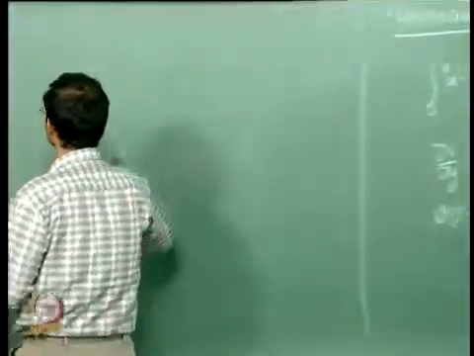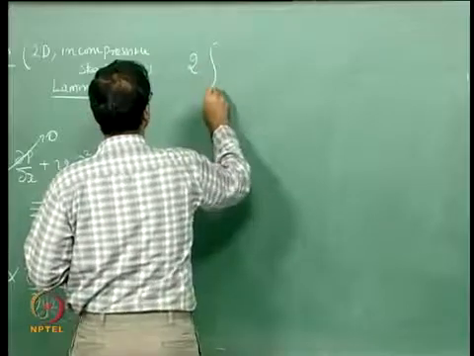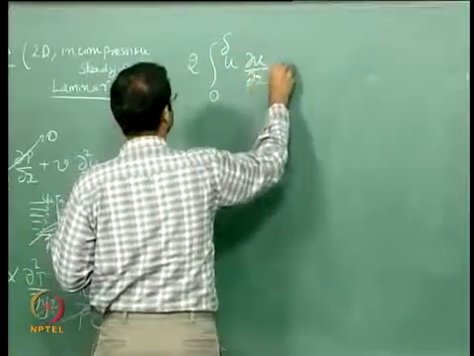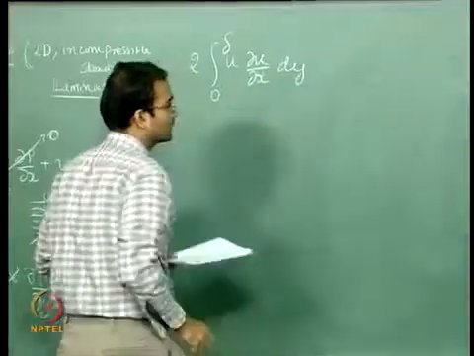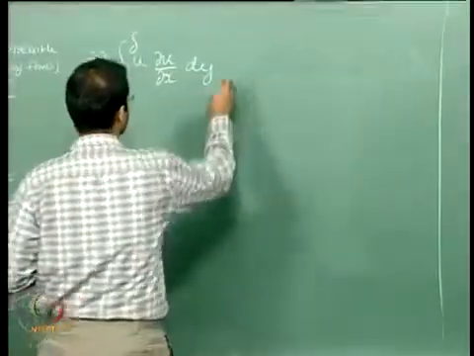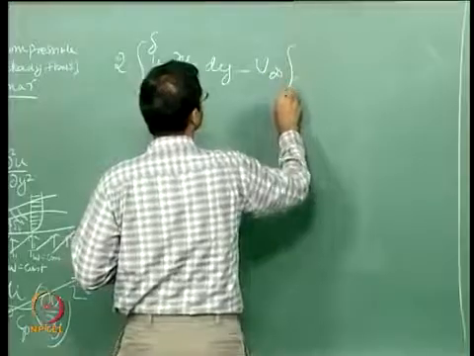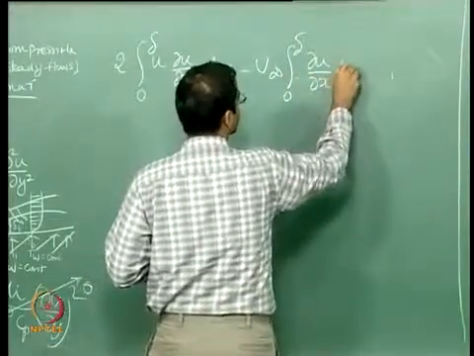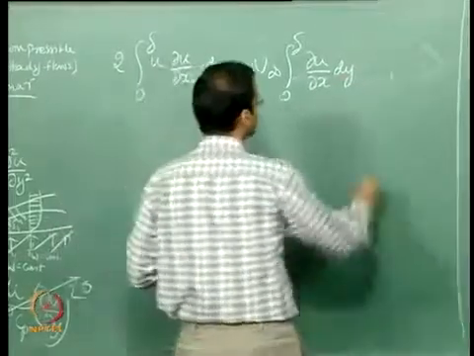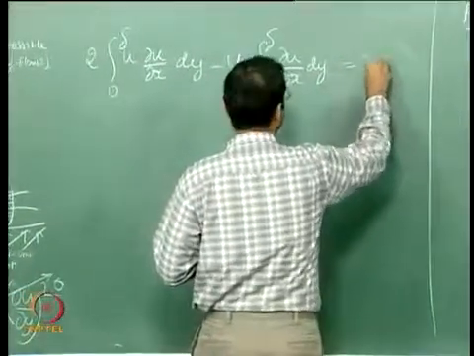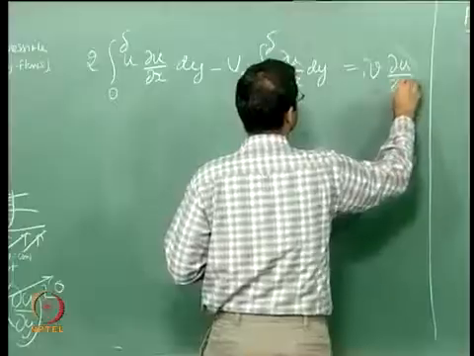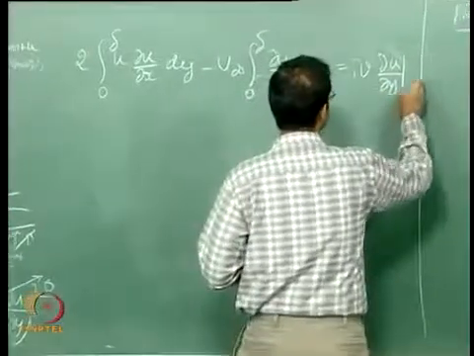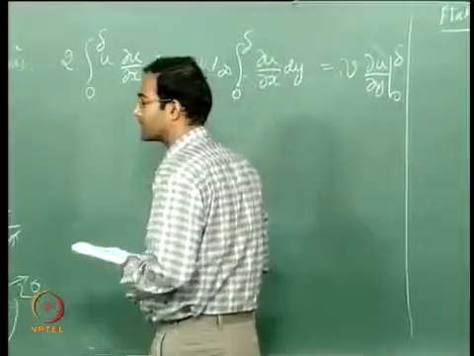So that will be 2 times integral 0 to delta u du by dx dy, and then you have minus u infinity integral 0 to delta du by dx dy, that should be equal to mu dou u by dou y at, now this has to be integrated from 0 to delta, so these are the limits I am applying.